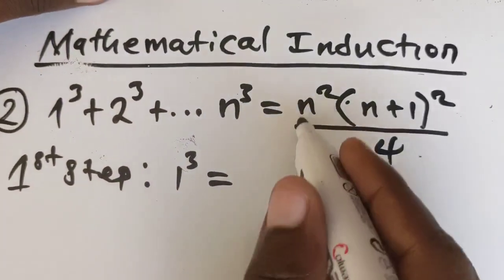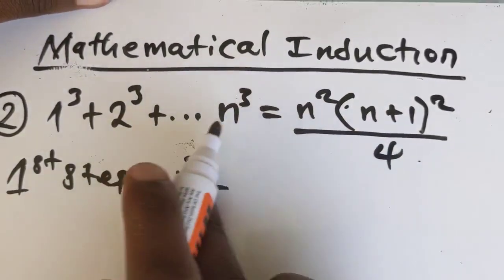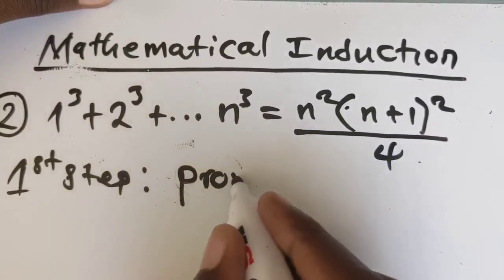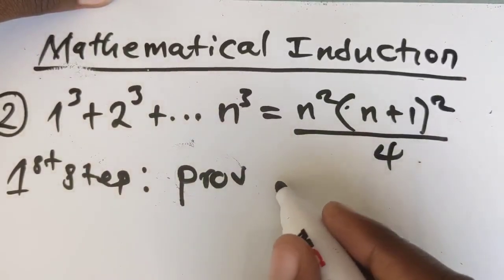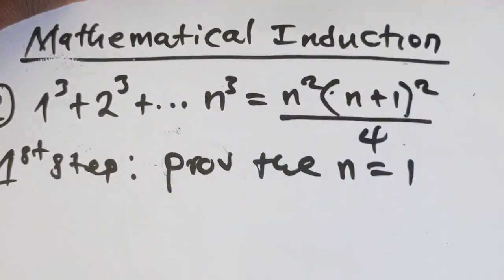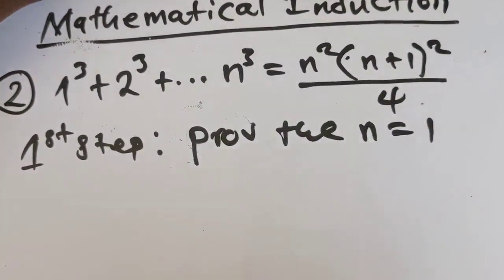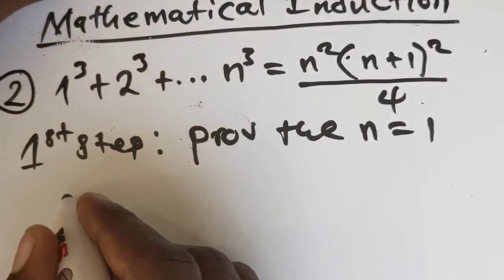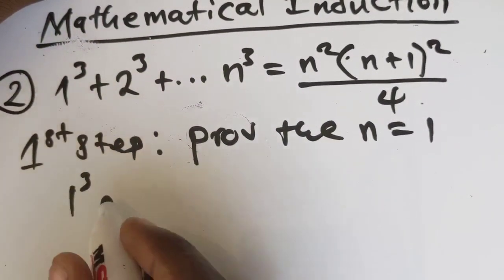So we said that you need to prove that n is equal to what? n is equal to 1. That is the first step. So let's prove if n is equal to 1. So this is the first term, that is 1 to the power 3.